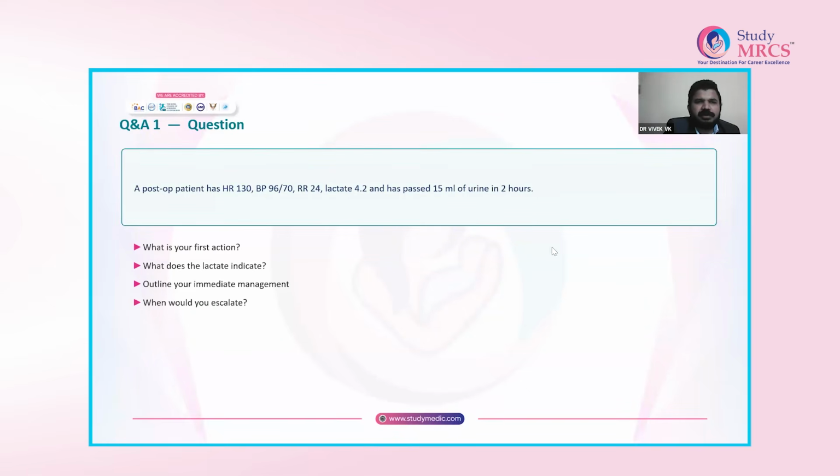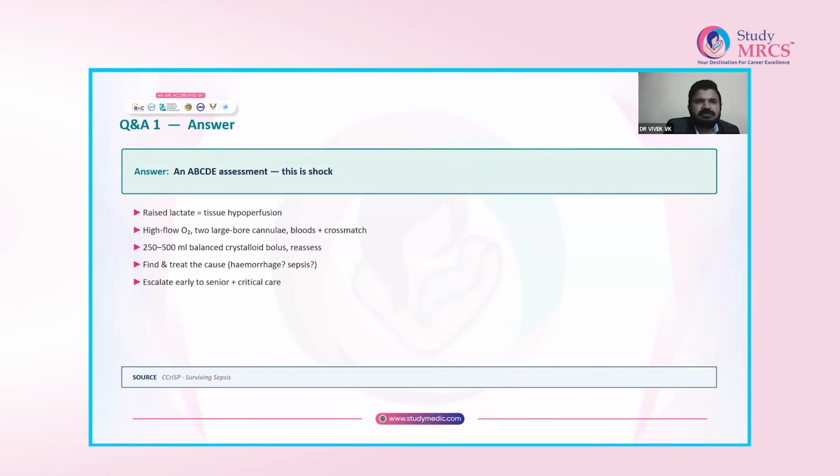Here, you can see the heart rate is 130, so the patient is tachycardic, hypotensive, the respiratory rate is increased, the lactate is increased, and the urine output is low. So what is your first action? Obviously, you have to manage according to the care of the critically ill surgical patient protocol. You have to follow the ABCDE assessment. This is a shock patient. The raised lactate means the patient has tissue hypoperfusion.